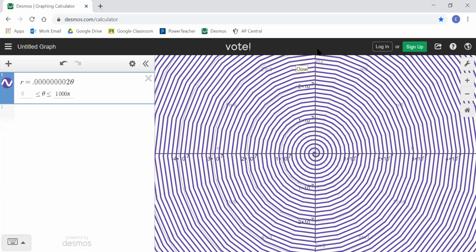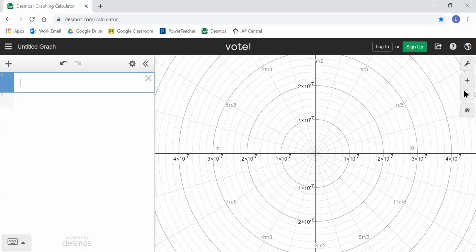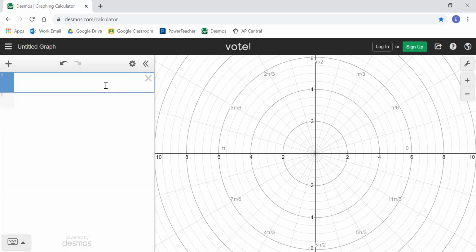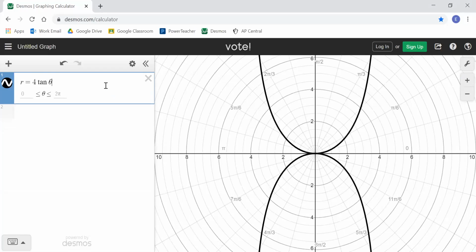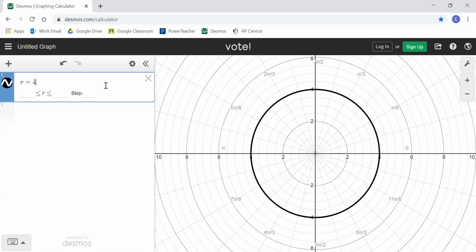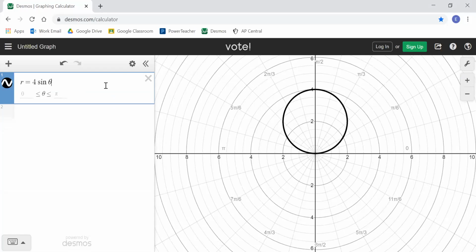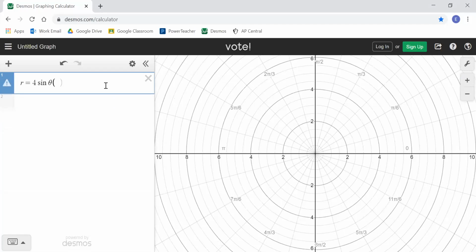Very sad. Yeah, and you can get all kinds of weird looking functions in here if you do other polar stuff. Let's put in sine theta, tangent theta.